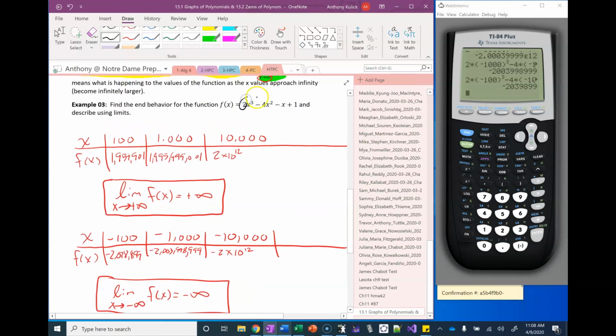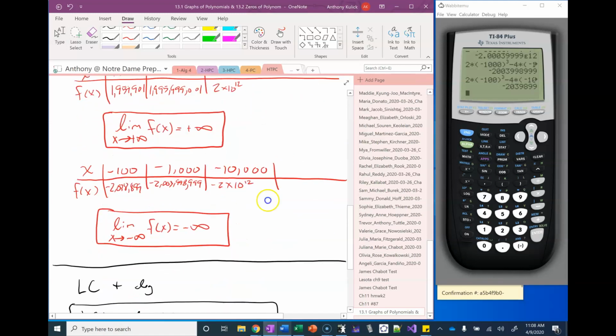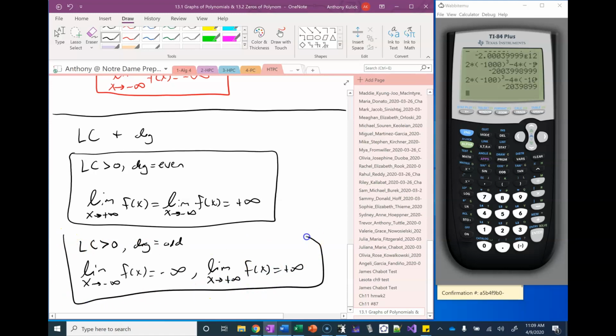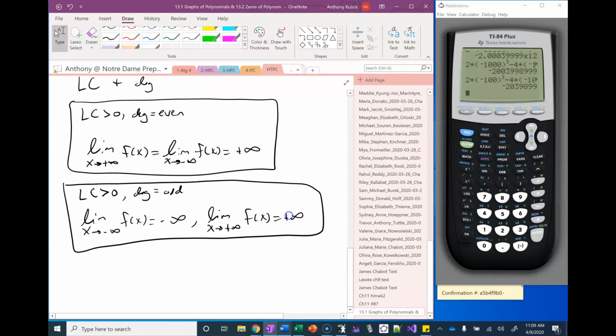Notice the leading coefficient is positive, but the degree is odd. So we have that same result. If the leading coefficient is negative and the degree is even, again, the limits are going to be the same.